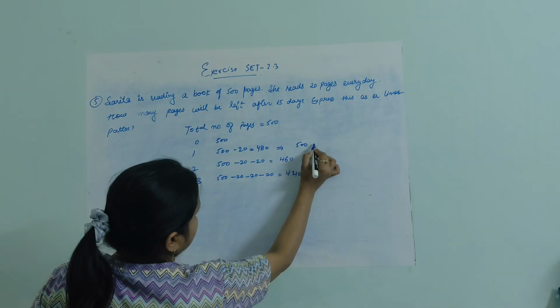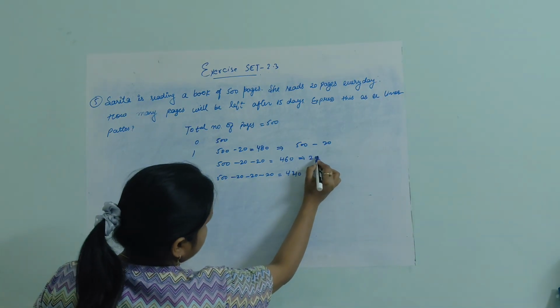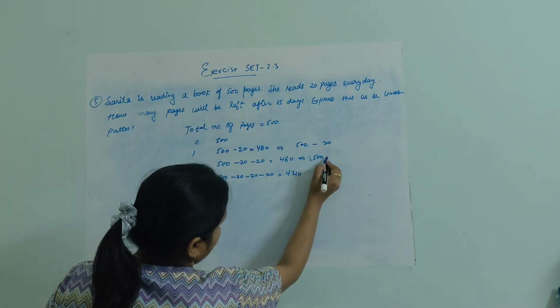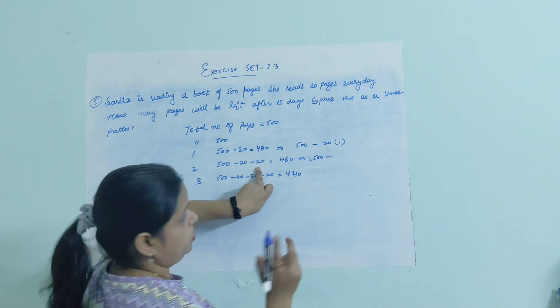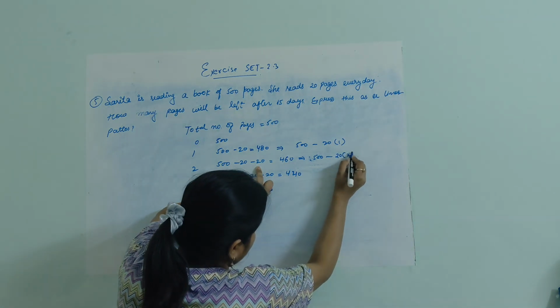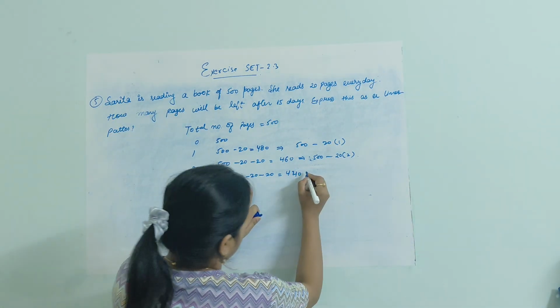I can say this: 500 minus 20, 500 minus 2 times 20 here, 500 minus 3 times 20 is here.